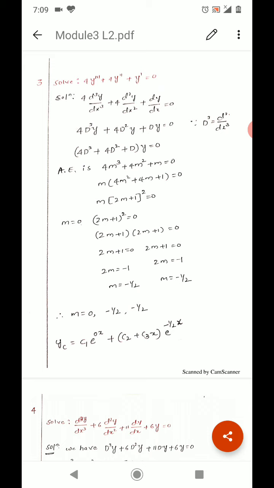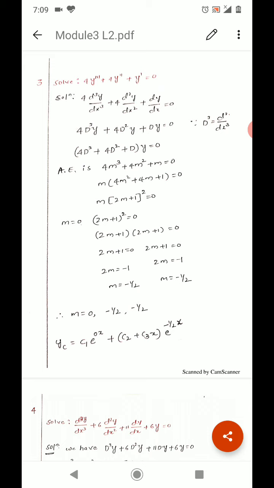So the auxiliary equation for this is 4m³ + 4m² + m = 0. Since m is a common factor, taking m as common, that will become m(4m² + 4m + 1) = 0.